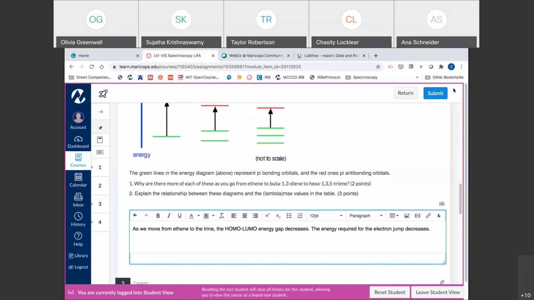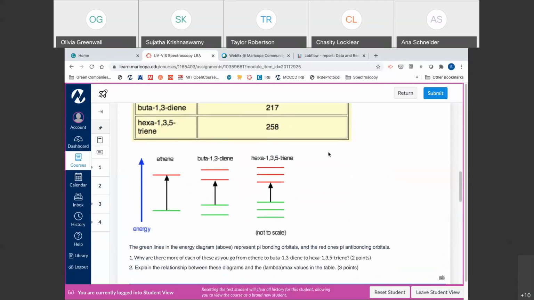The energy required for the electrons to jump decreases because the gap decreases. Once the energy decreases, the wavelength increases, which is the lambda max. So the first part is the HOMO-LUMO energy gap, that's the diagram. Then we're relating it to the wavelength and answering this question. Okay.